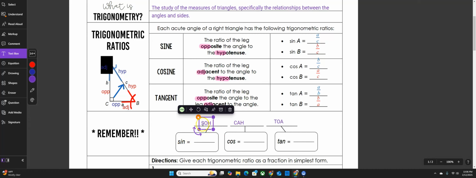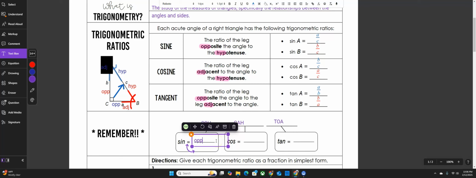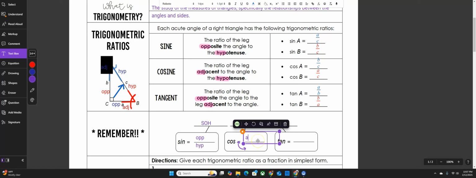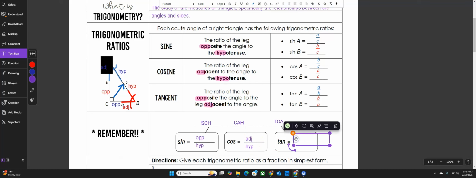SOH means sine is equal to opposite over hypotenuse. CAH, cosine is adjacent over hypotenuse. And finally, TOA is tangent is equal to opposite over adjacent.